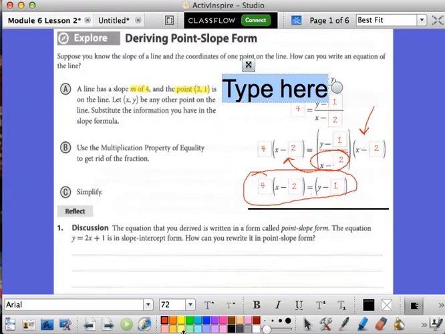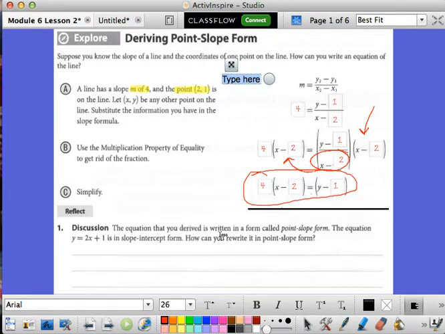So point slope form is going to be m times your x2 minus x1 is equal to your y2 minus y1.